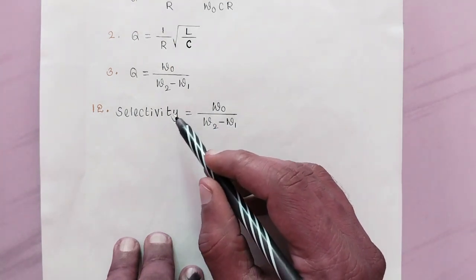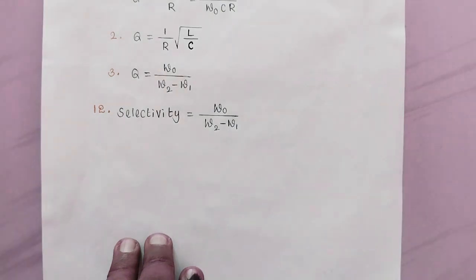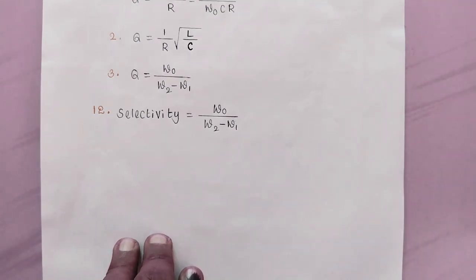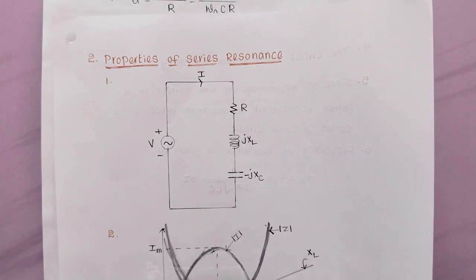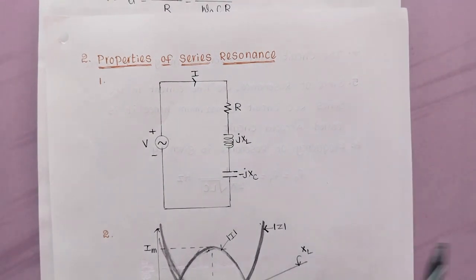These are the important expressions for the series RLC circuit. If we are thorough with these mathematical expressions, we can solve any type of problem given in this series RLC resonant circuit.